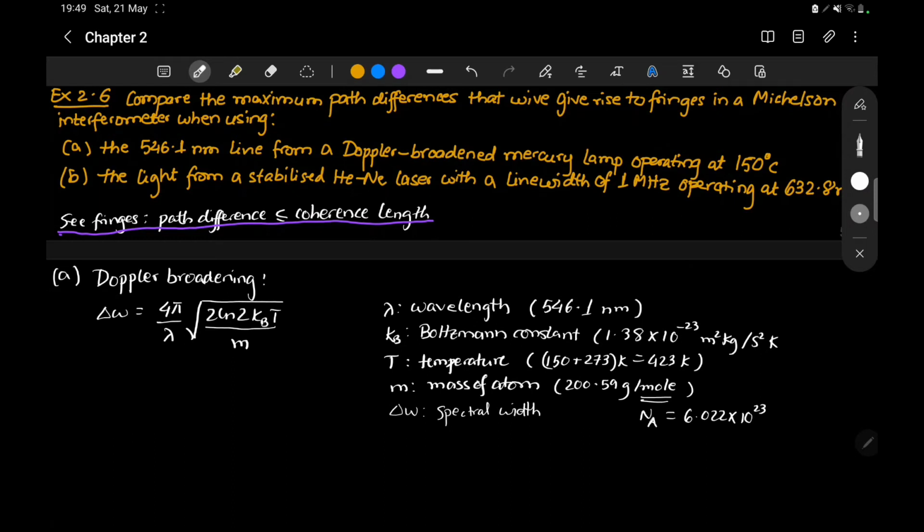So this is the spectral width for the case of Doppler broadening. From this we will get the coherence time. This again, we saw this equation last time. So this is the coherence time. So let us put the expression for delta omega.